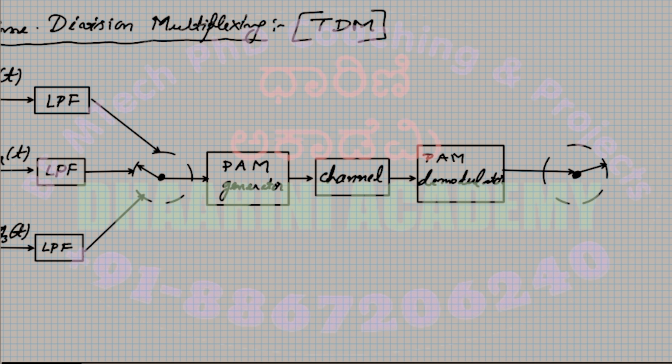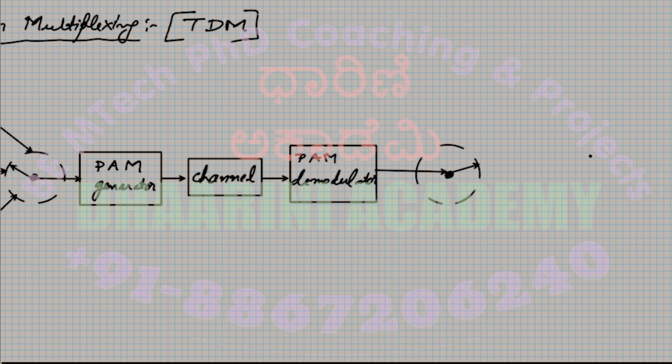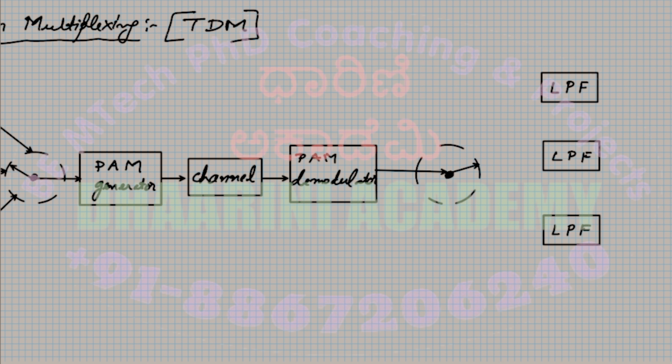Now I need three destinations. Before I deliver something to a destination, I'll write the low pass filters again, because there may be unwanted messages coming up. So this is a low pass filter number 2, and this is a low pass filter number 3. If it is connected to this, it will be delivered to the first LPF.